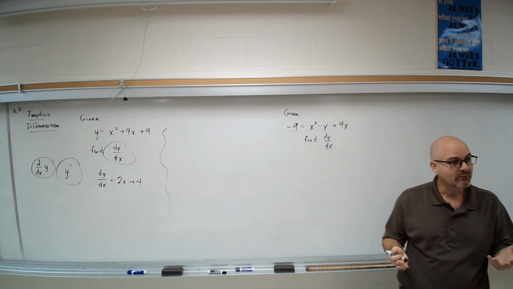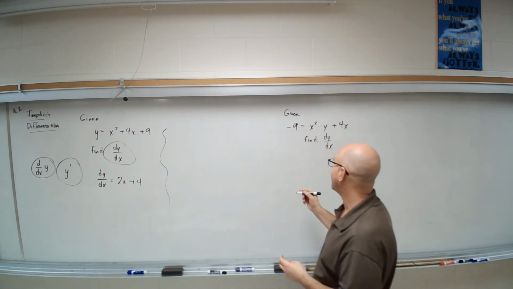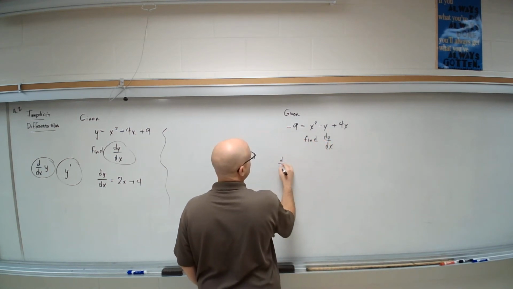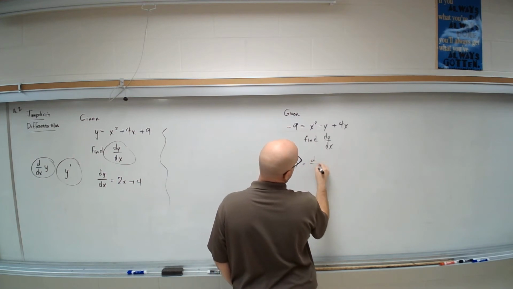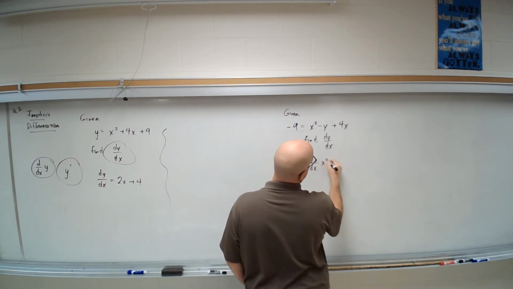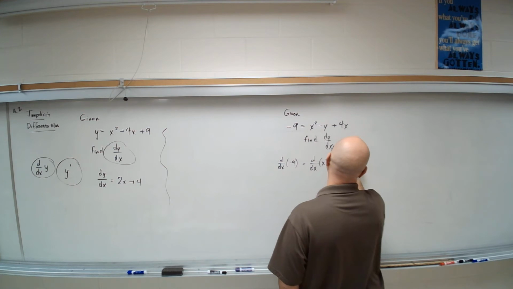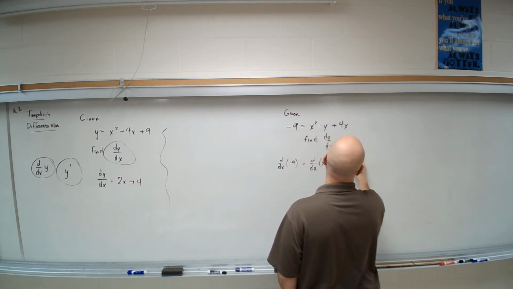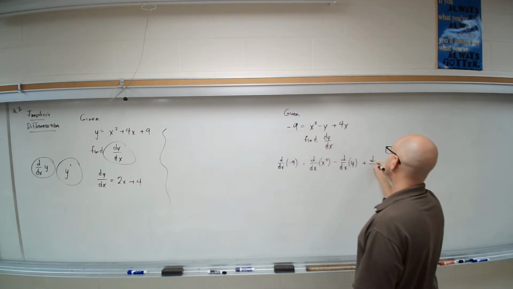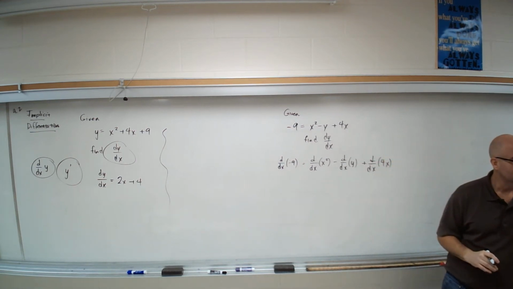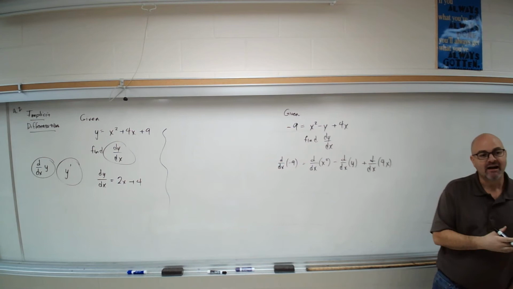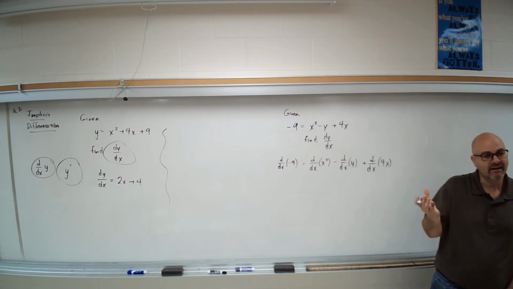Not that we ever would write this much out, but you're taking the derivative with respect to x of negative 9 equals the derivative with respect to x of x squared minus the derivative with respect to x of y plus the derivative with respect to x of 4x. This is what you've always done every time you do a derivative. You just don't ever write it like this.